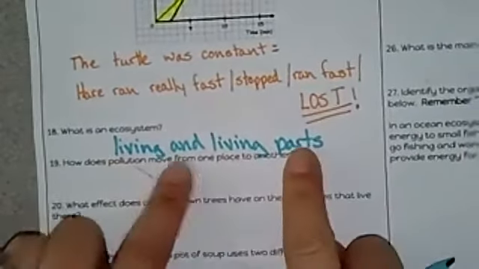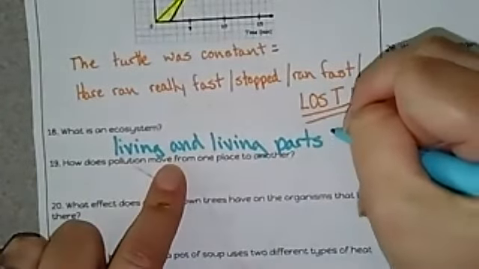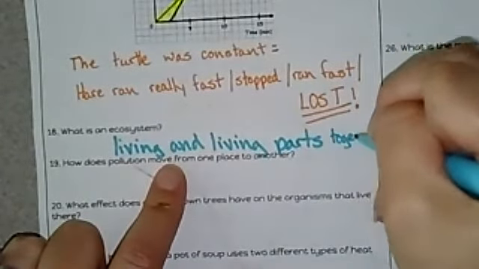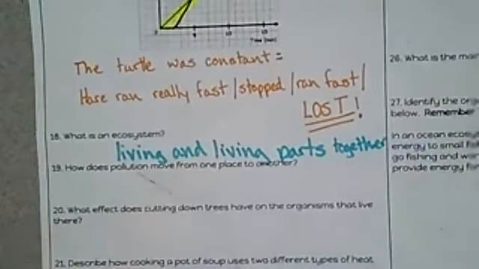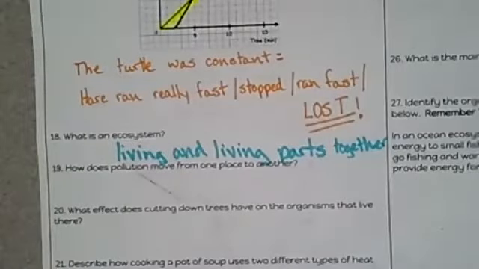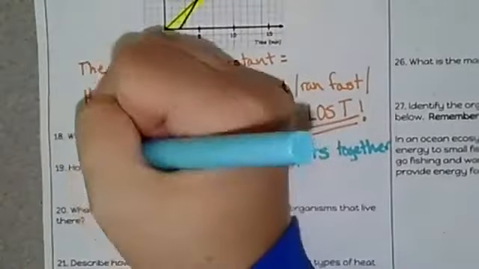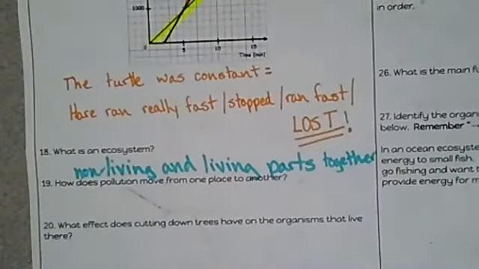Living and non-living parts working together. So it's not just the fish and the frogs and the birds. It's also the wind and the rain and sunlight. Yes. I meant to put non-living. Thank you, Tinley. Miss Ross is a little tired today. Make sure I've got this thing going.